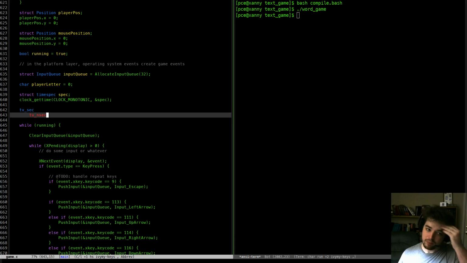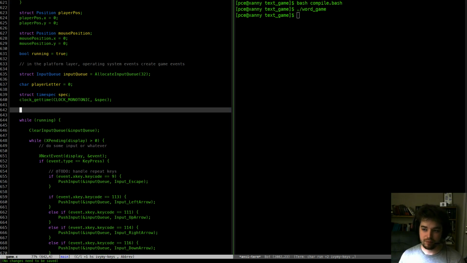And we want to go ahead and use these two numbers and sum them together such that we get the time in milliseconds. So that is going to be something we want to store in a real number, right?